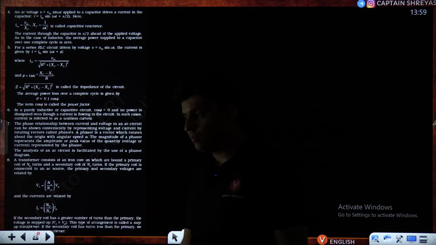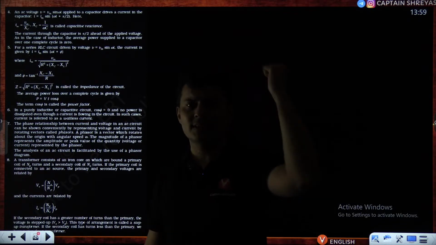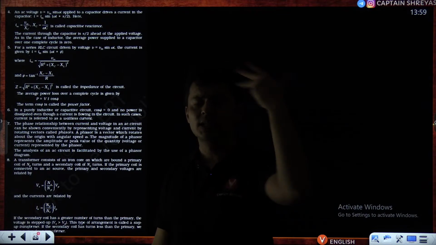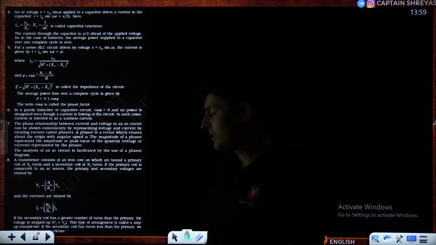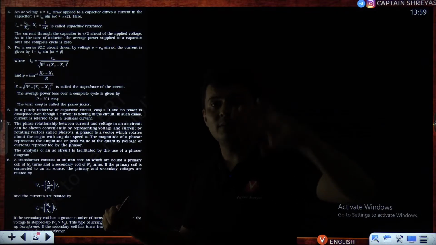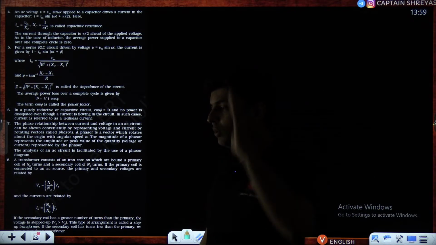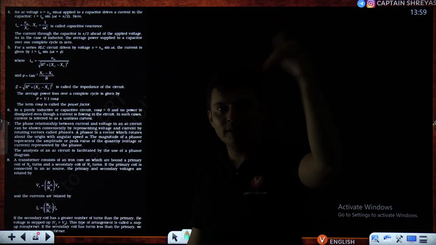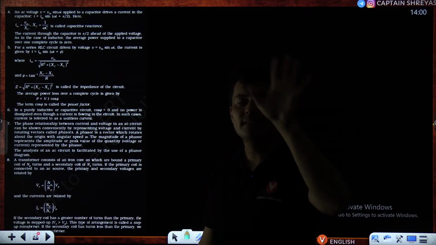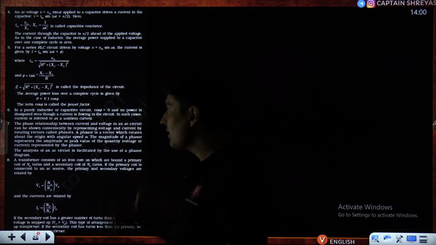And for a transformer which is ideal, where you can minimize the losses, flux loss, hysteresis loss, eddy current loss, or the wire windings loss, you minimize it. V1 by V2 is N1 by N2, but current wise it is I2 by I1. That is what you will see. When the voltage increases, it is called step up. When the voltage decreases, it is called step down transformer. Okay, that is what is there in the summary.